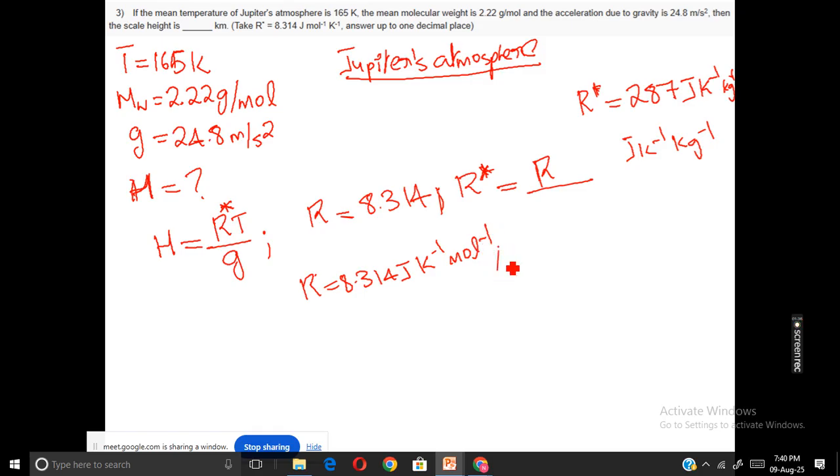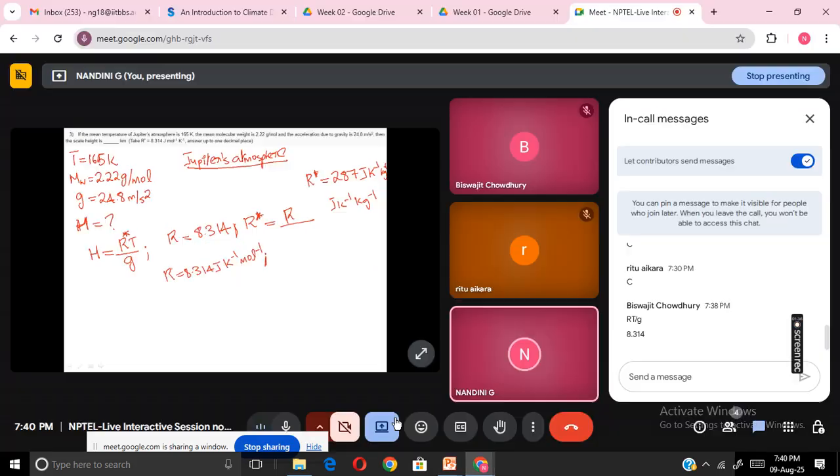Now from the value of R, how can we calculate R star? In the case of the Earth's atmosphere, we found R star as 8.314 divided by the molecular mass of dry air. We calculated the molecular mass of air, right? That's how we found the value of R star.